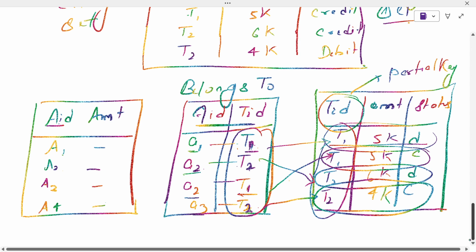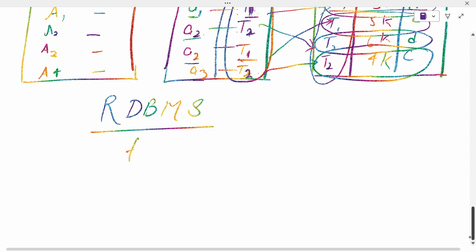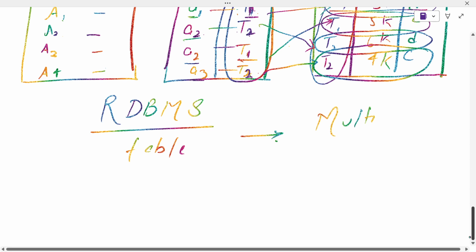Okay, so if we are asked to construct the minimal RDBMS diagram, we can't have multi-valued attributes here. They are not represented here. This is not allowed.